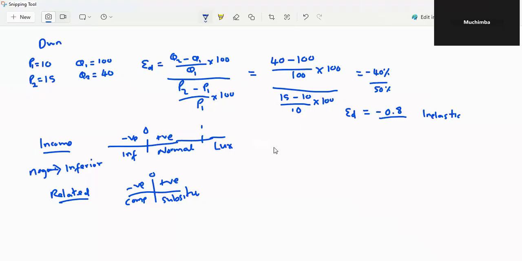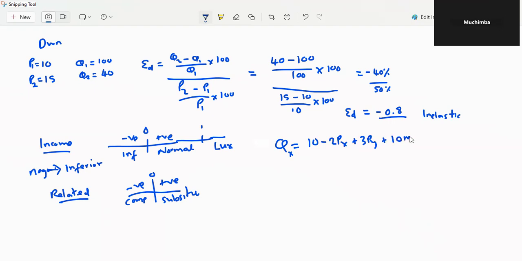So sometimes you may be given an equation that is linear. For instance, Qx is equal to 10 minus 2px plus 3py plus 10m.